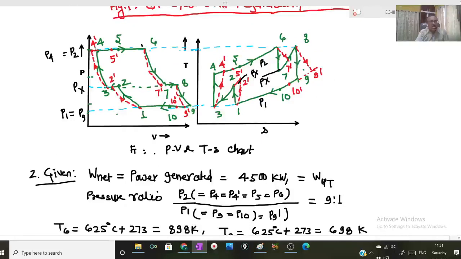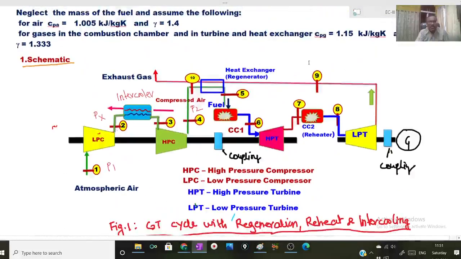This is the actual rise in the temperature. What could be the maximum rise in temperature? T9 dash is the actual temperature of the gas available, isn't it? See here. So maximum possible difference will be T9 dash minus T4 dash.